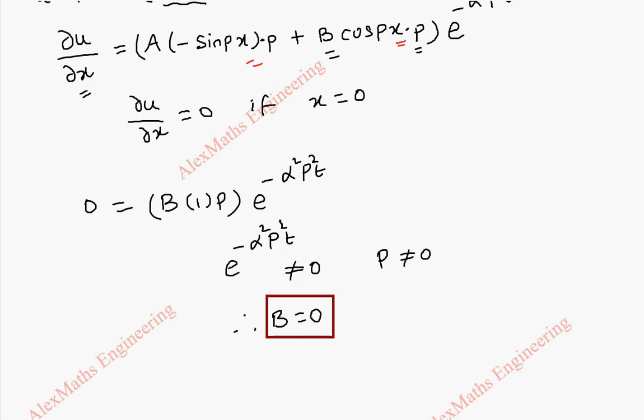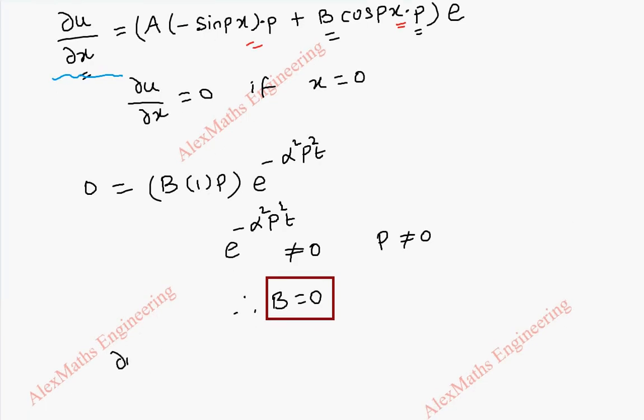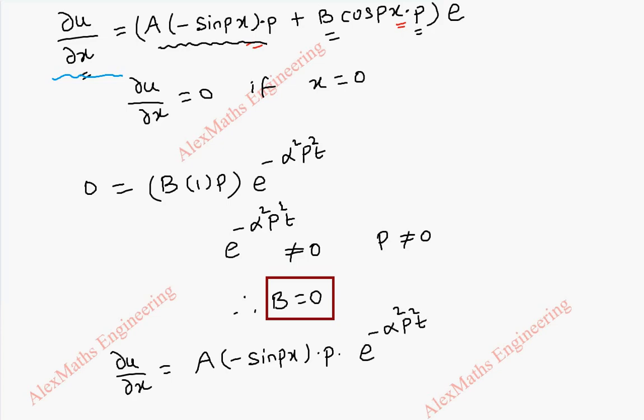So by substituting 0 in our ∂u/∂x, we get ∂u/∂x = A into −sin px into p, and B is 0, and e^(−α²p²t).